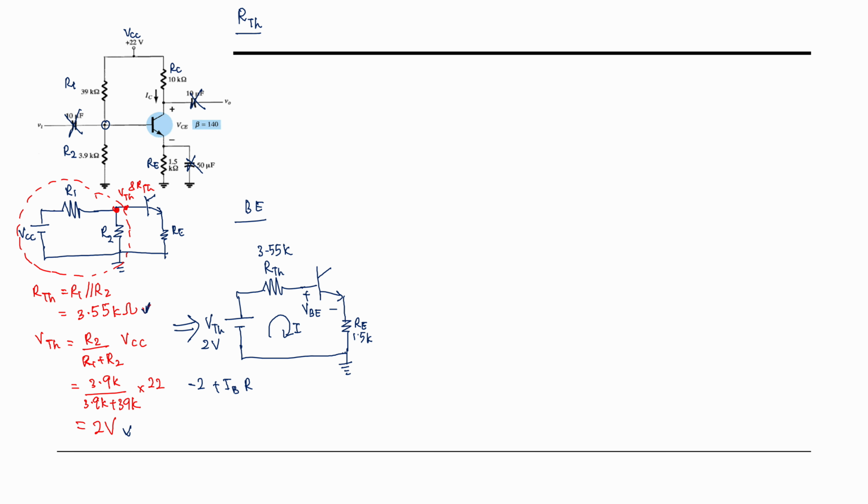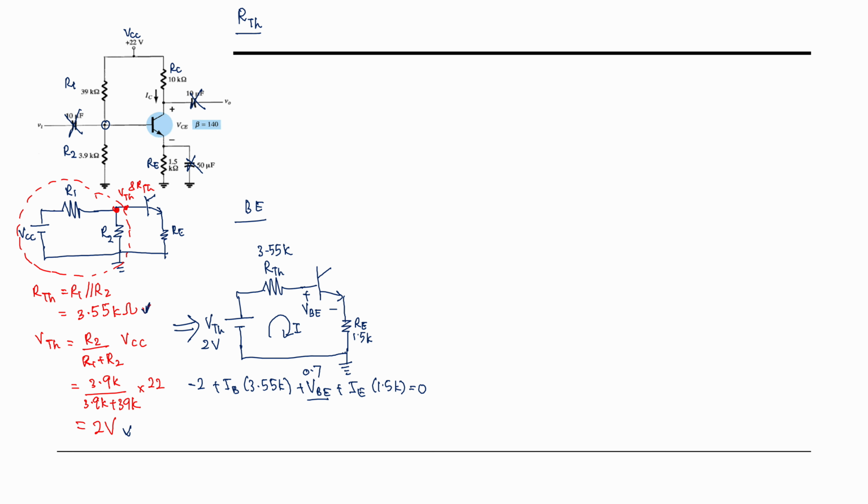Let's write the value of the RTH that we have determined just now, which is 3.55K, plus VBE plus IE RE, 1.5K, equals 0.